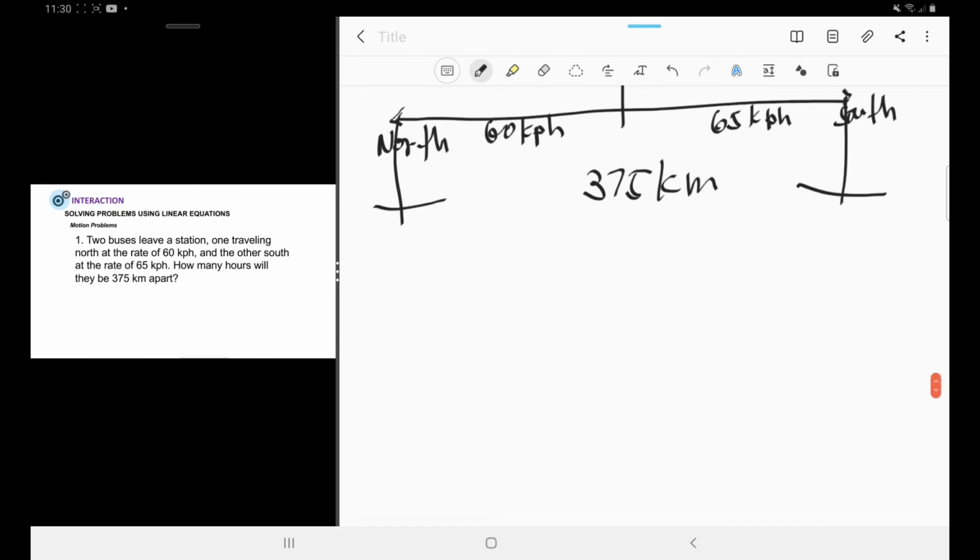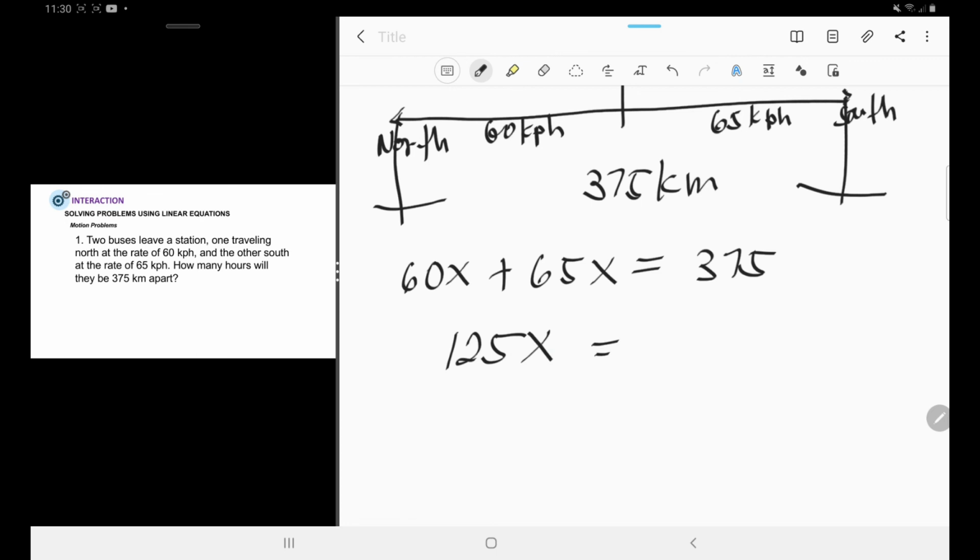So our equation is 60 kilometers per hour, or 60x plus 65x equal to 375 kilometers. Okay? So 60x plus 65x is equal to 125x equals 375.